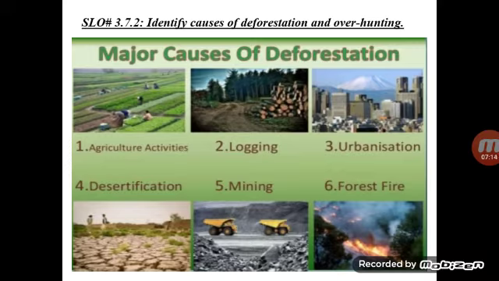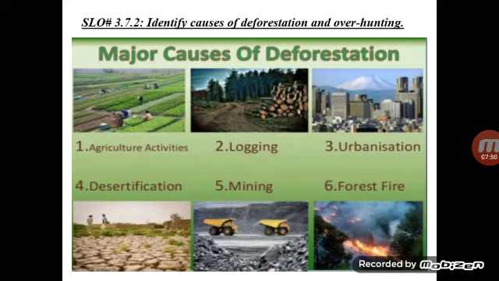The second cause of deforestation is logging. Usually we cut down the forest for different industries, for obtaining timber, for industries like paper and furniture. Number three cause, urbanization. As time goes on, many people are migrating from rural to urban areas.